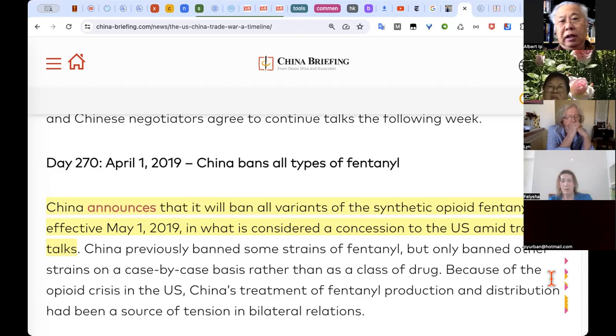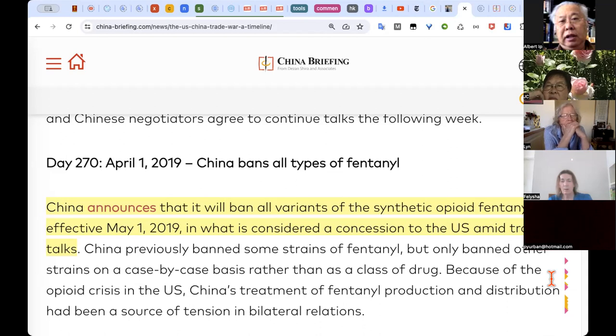China produced a lot of the building blocks of fentanyl. They have other uses in medicine. So China has always controlled a number of those variants, but now it bans every variant which could be used to produce fentanyl.